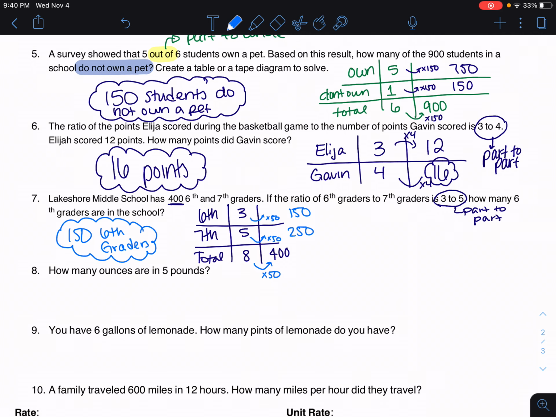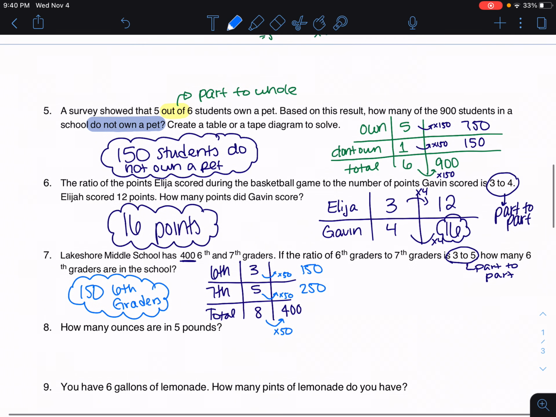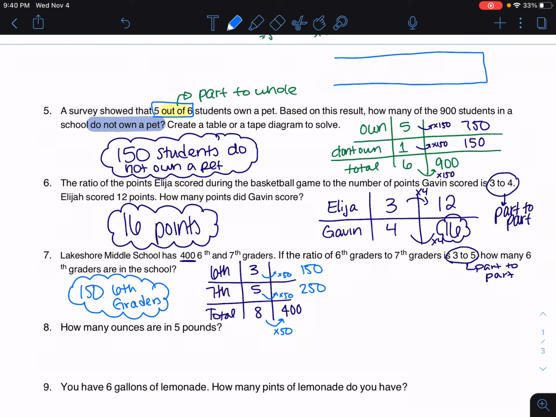To show any of these in a tape diagram, for number 5, 5 out of 6 means that I'm going to have 6 boxes. 1, 2, 3, 4, 5. So 1, 2, 3, 4, 5, 6 boxes. And my line would be here. I've got 900 total students. So that's the entire tape diagram.